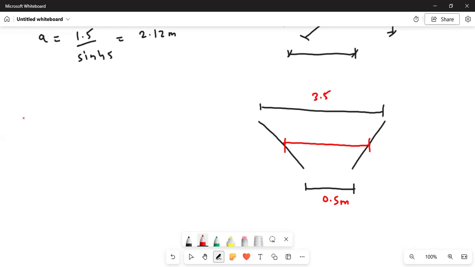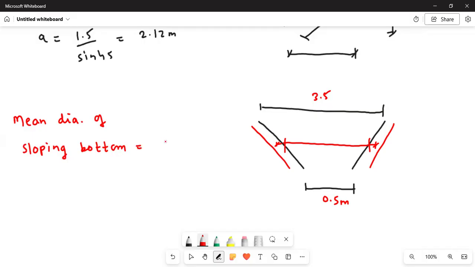So the mean diameter plus thickness, 140 mm divided by 2 plus 140 mm divided by 2. Mean diameter of sloping bottom or hopper bottom equals 3.5 plus 0.5 divided by 2, plus 0.140.